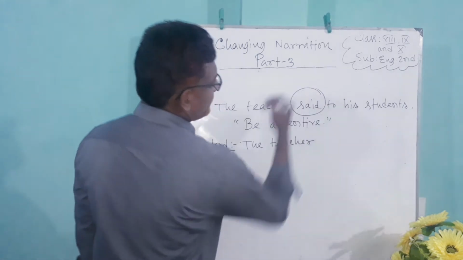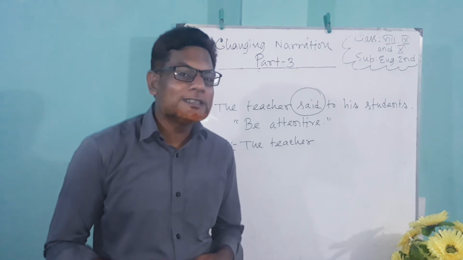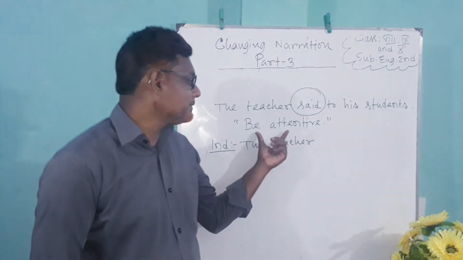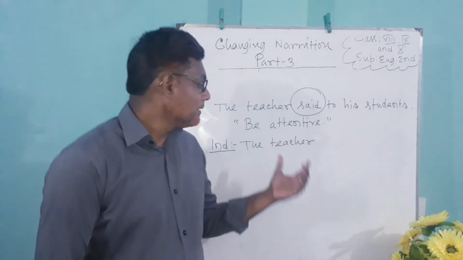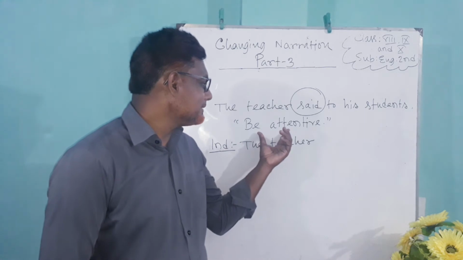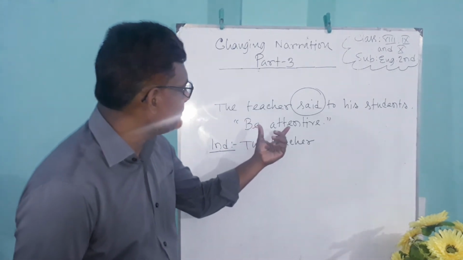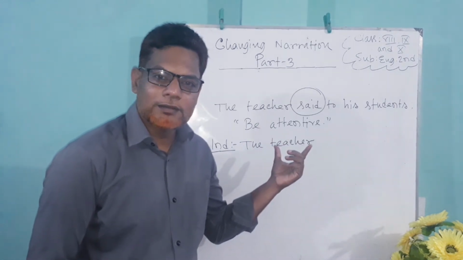Then the reporting verb. Whenever we try to write the reporting verb, we have to consider the sentence of the reporter's speech. You can see the sentence of the reporter's speech is imperative without let. So, we have to see what the sentence is denoting. You can see the sentence denotes be attentive. It may be an advice or maybe an order.